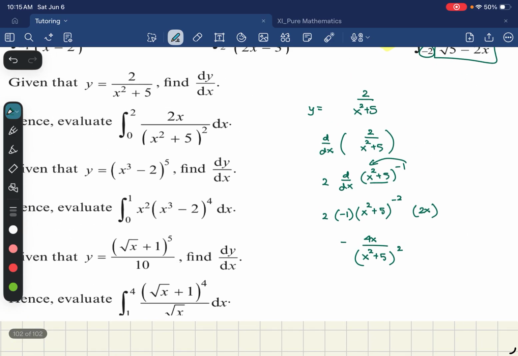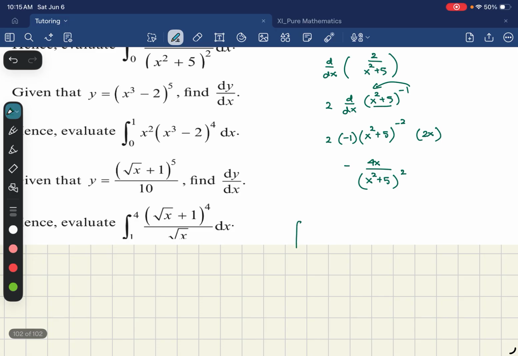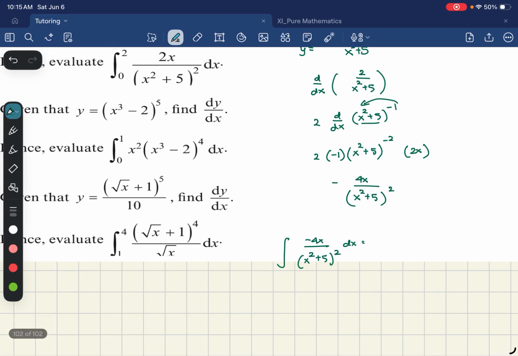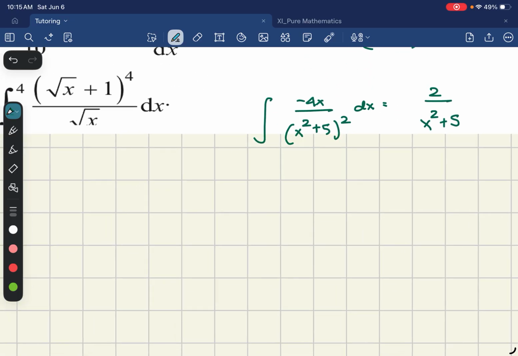And it says, hence, evaluate this expression. All right, so what do we know? We know that the integration of -4x divided by x squared plus 5 squared dx is, if I integrate my solution, I get what I started with, right? So I get this expression. I won't write plus c for now.